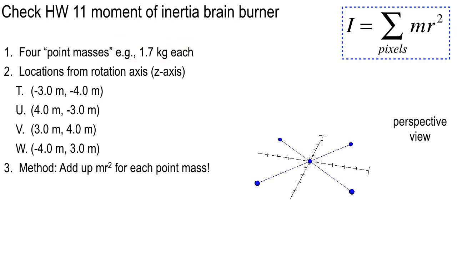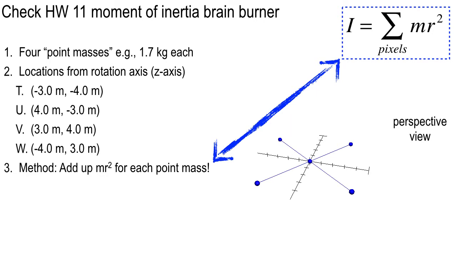The basic idea is to add up mr squared for each point mass, and that's basically executing this formula. Just go ahead and write that down. That's a big capital Greek letter sigma, and in fancy mathematical terms, that means add up everything. Capital sigma for sum, S for sigma, S for sum.